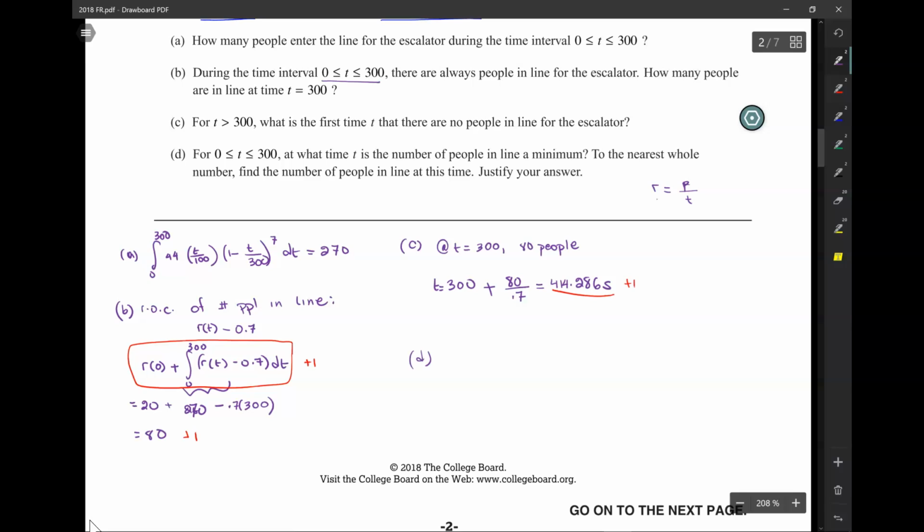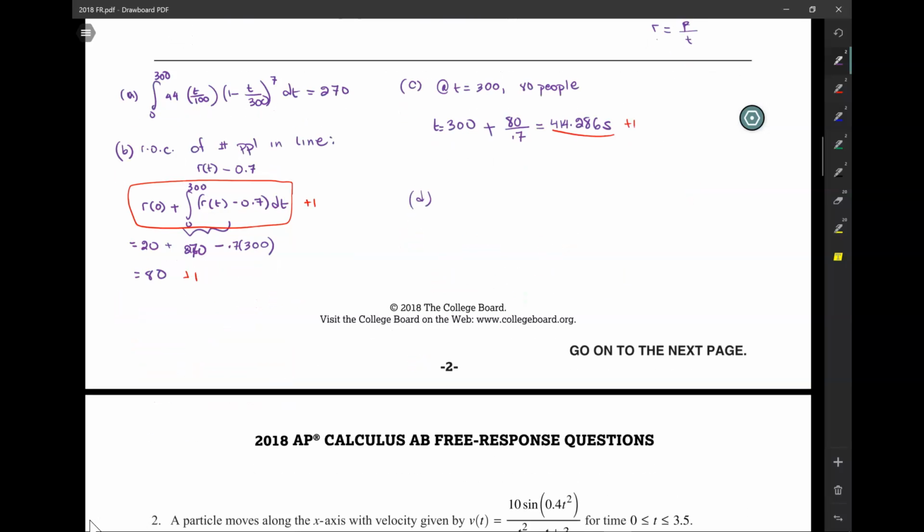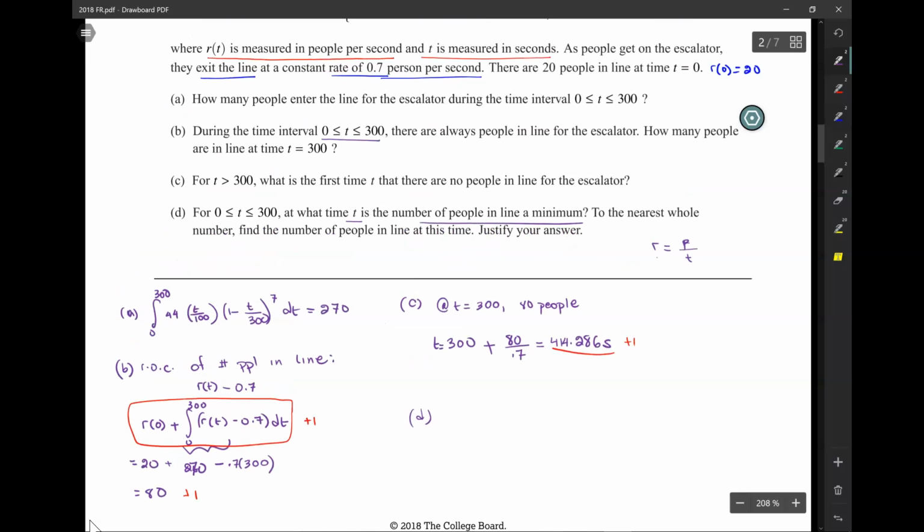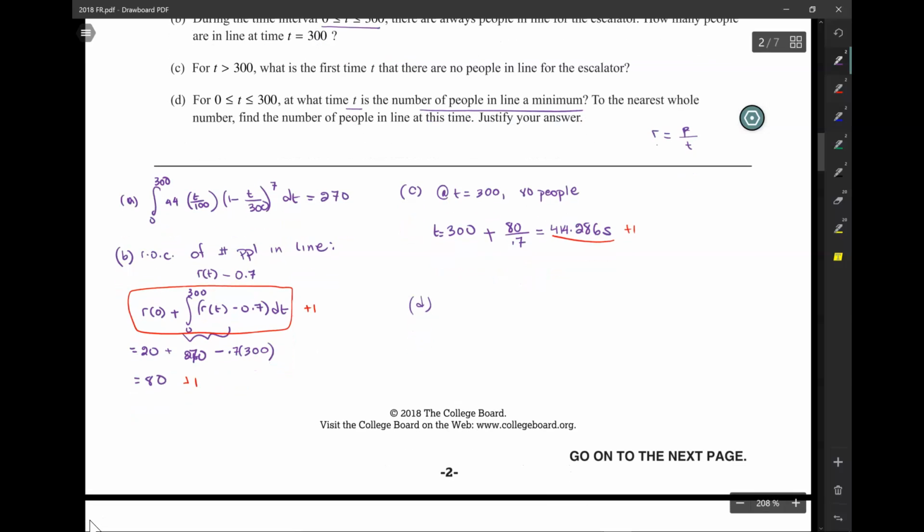D, at what time t is the number of people in line a minimum? Minimum means take a derivative and put it equal to 0. So what was the expression for the number of people? It was 20 plus the integral from 0 to t.